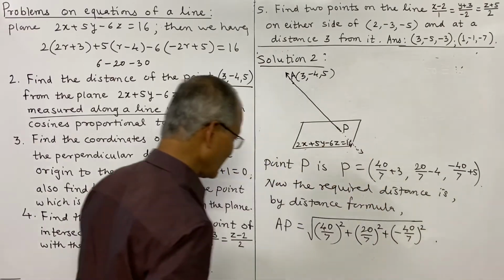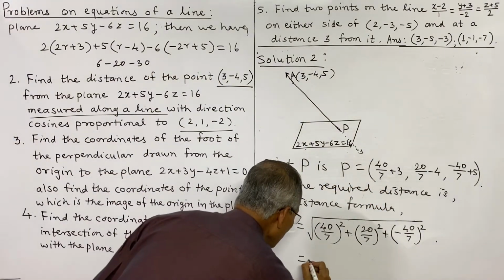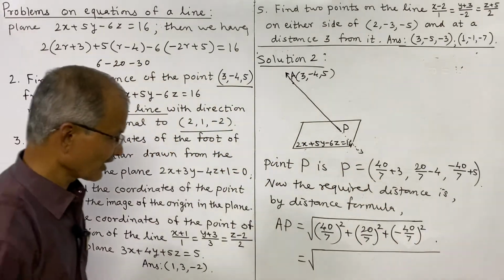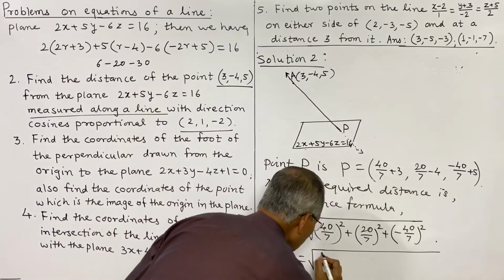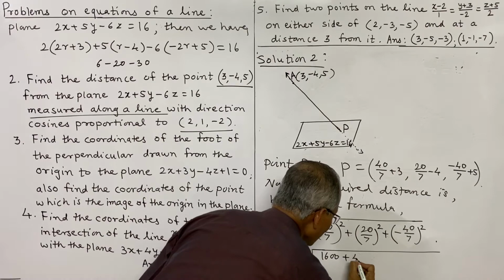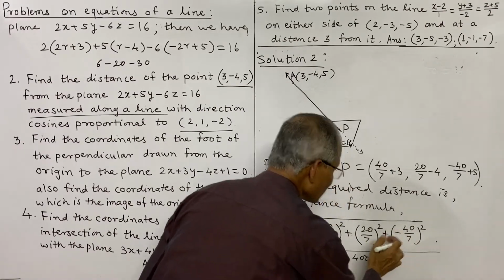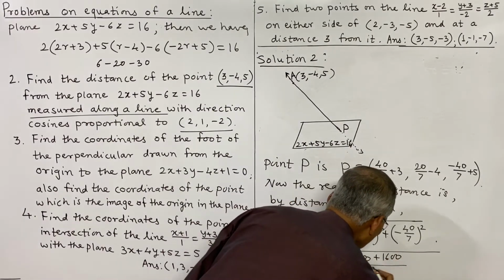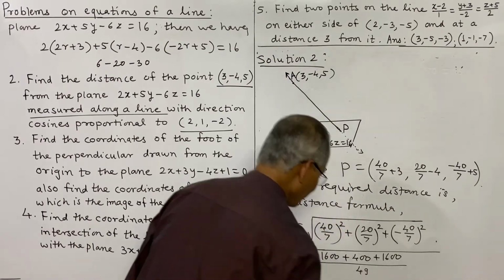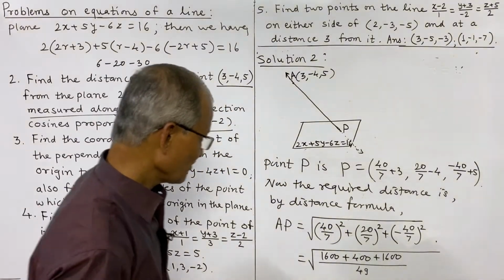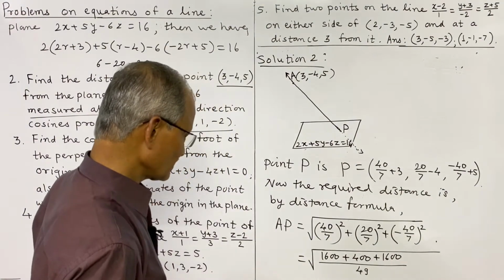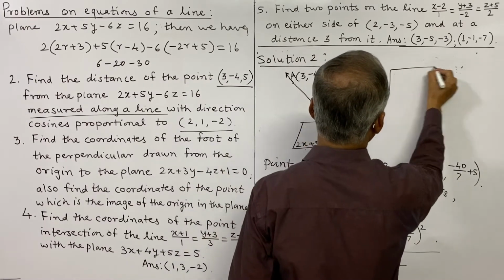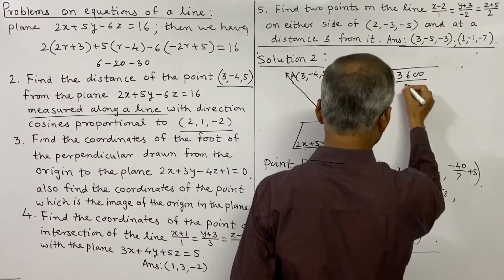Now that can be simplified, and what is the simplification is square root of, see, the denominator is common, 7 square. So this is 40 square, that is 1600, plus 20 square 400, and again it is the same, square is positive, so therefore it is 1600, divided by 49, 7 square, and this number is, see, 1600 plus 1600, 3200 plus 400, 3600, or that is square root of 3600 divided by 49.